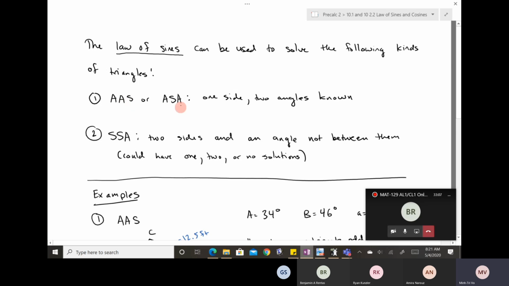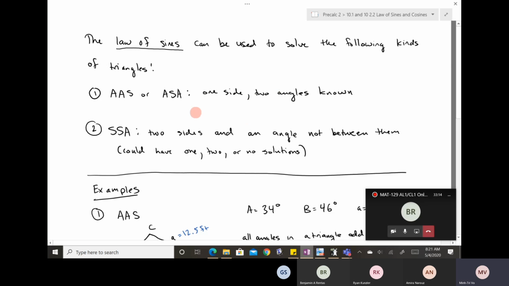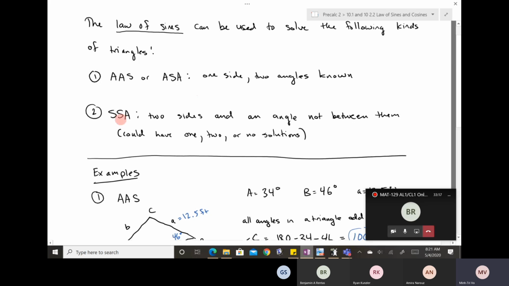So if you have a triangle where you know one side and two angles, then we can use the law of sines. And the other situation is for an SSA triangle, so side, side, angle, where you know two sides of the triangle and one of the angles that is not between the two sides.